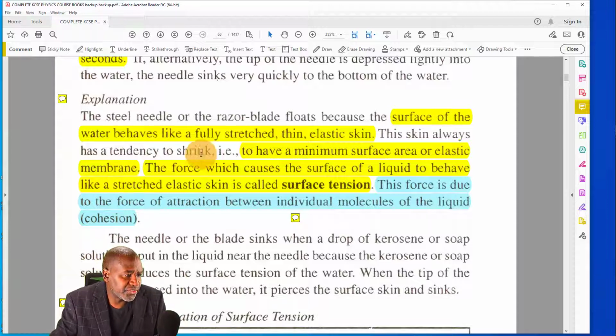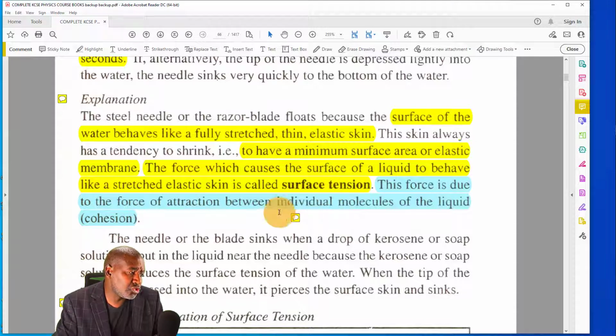So let's continue. We have already said that this skin always has a tendency to shrink, that is, to have a minimum surface area or elastic membrane. The force which causes the surface of a liquid to behave like a stretched elastic skin is called surface tension. They always ask us to describe surface tension.